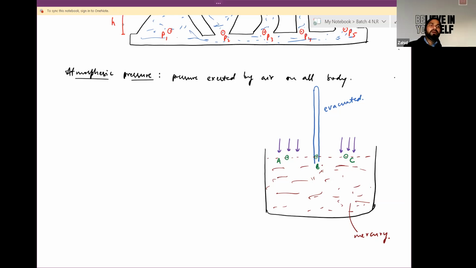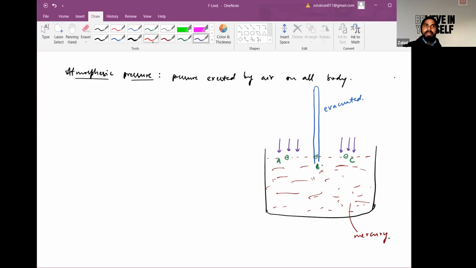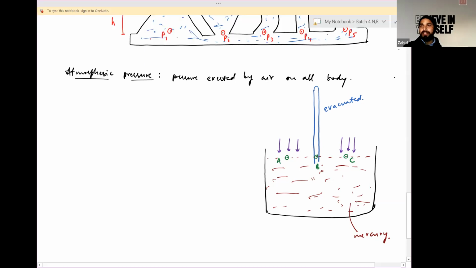As we know, land breeze and sea breeze are due to pressure difference and temperature difference. Air blows from higher pressure to lower pressure, and air is a fluid. Similarly, at this point A is at higher pressure and B is at lower pressure.